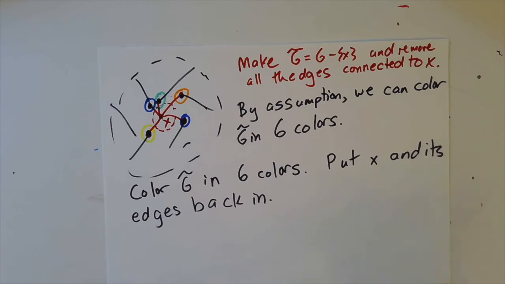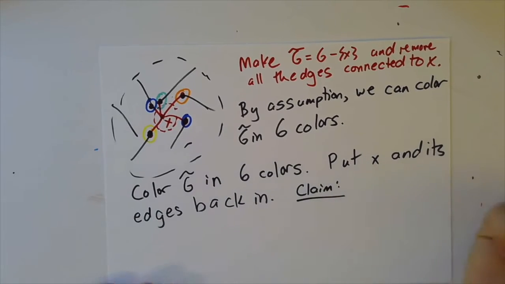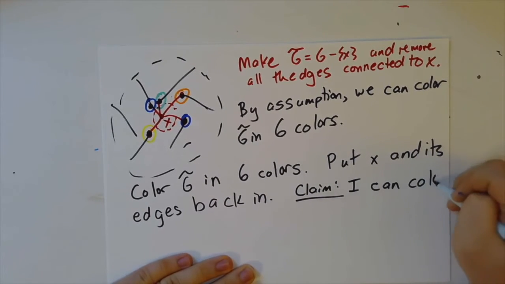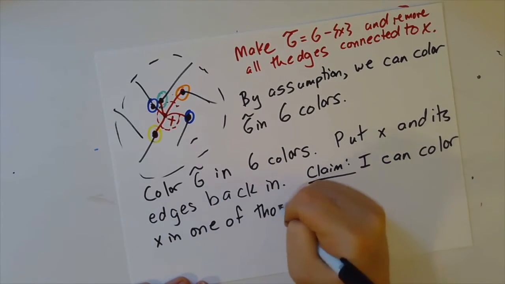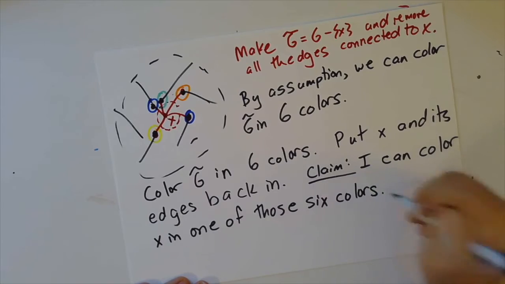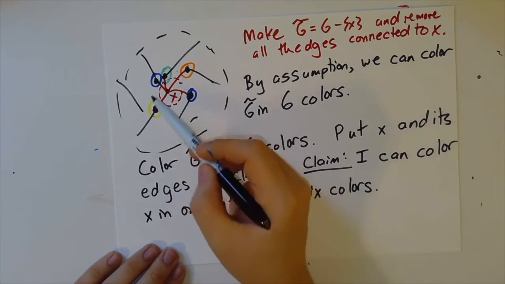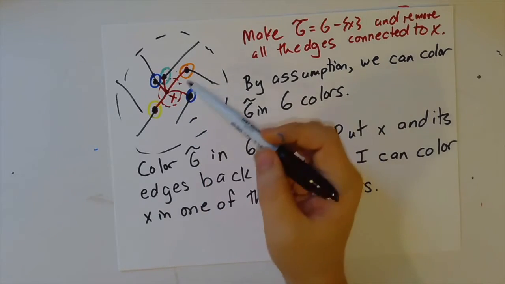But here's my claim. I can also color X in one of those colors. Why? Well, X is only connected to at most 5 vertices. And those 5 vertices each have a color.